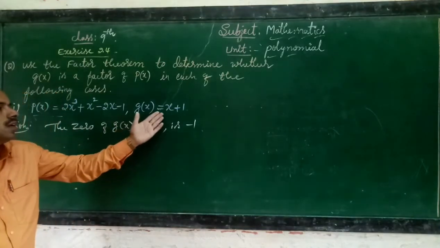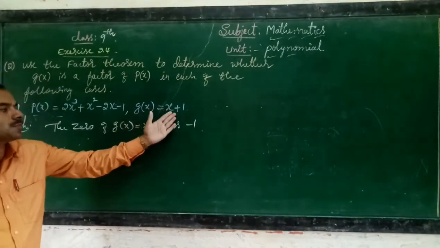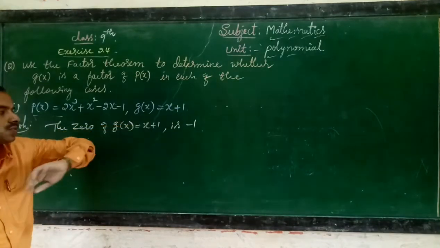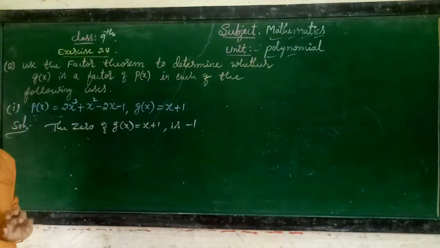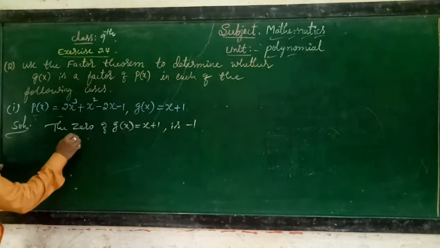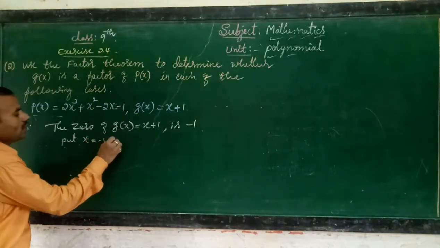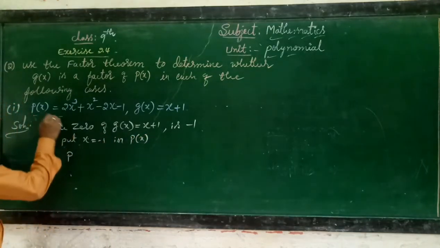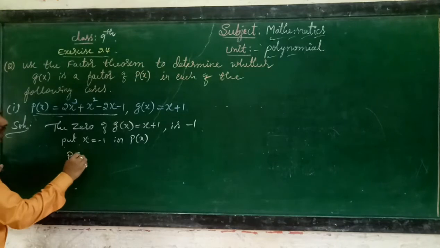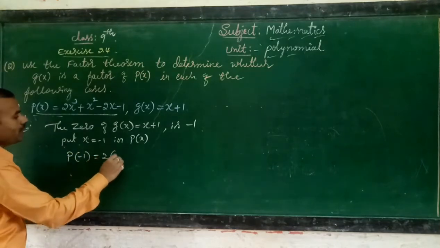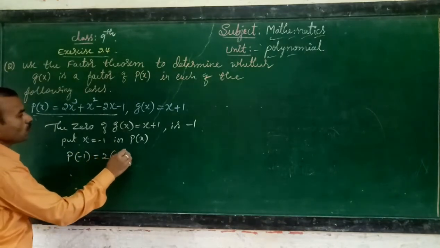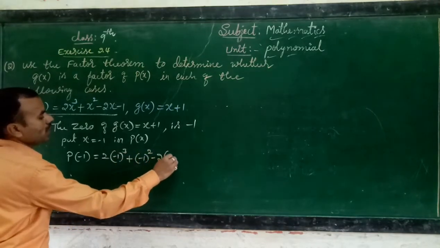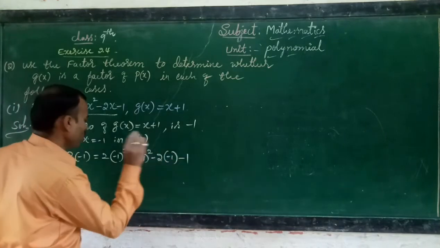If it is 0, x is equal to, if you transpose plus 1 to the right side, it becomes minus 1. It is the zero of g of x. We put x is equal to minus 1 in p of x. So in the place of x put minus 1: 2 into minus 1 whole cube plus of minus 1 whole square minus 2 into minus 1 minus 1.